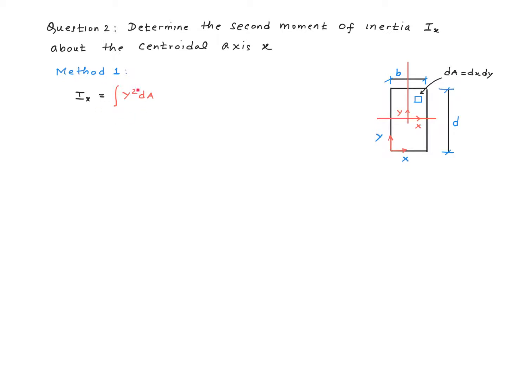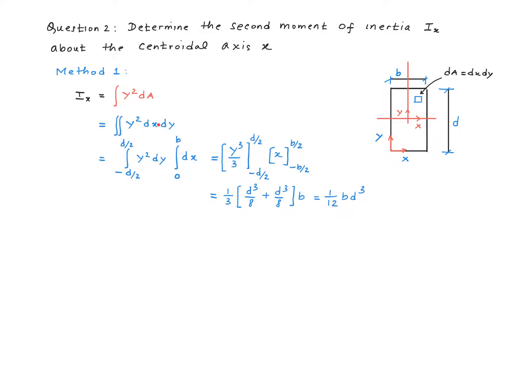And if you recall, this is the formula for finding Ix. Remember, we had to put y here when we find Ix. In other words, when you find the second moment of inertia about this axis, we had to use the coordinate that is perpendicular to the axis, which is y, right? Here are the steps which lead to the expression of 1/12 b d cubed for Ix.